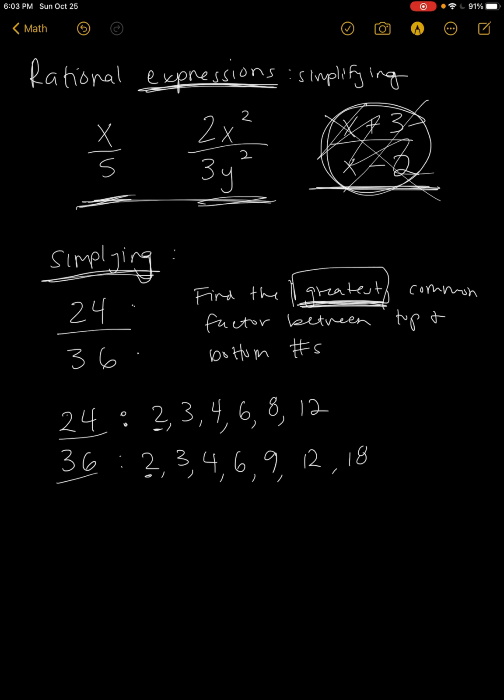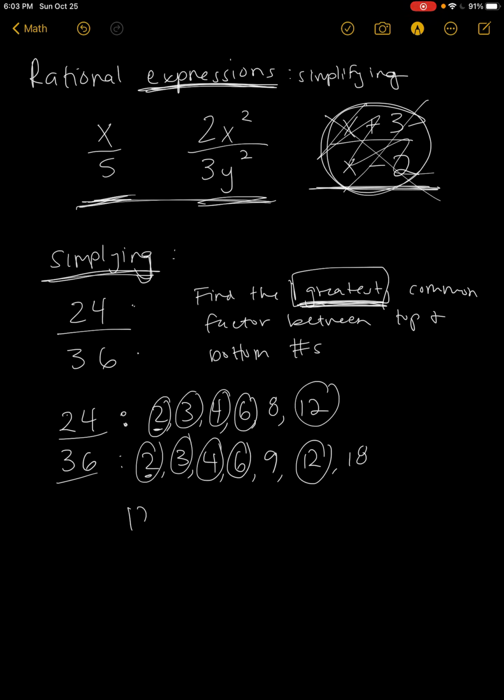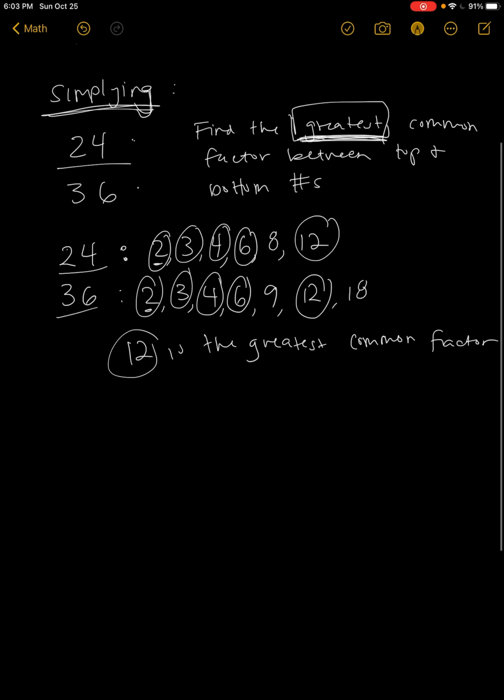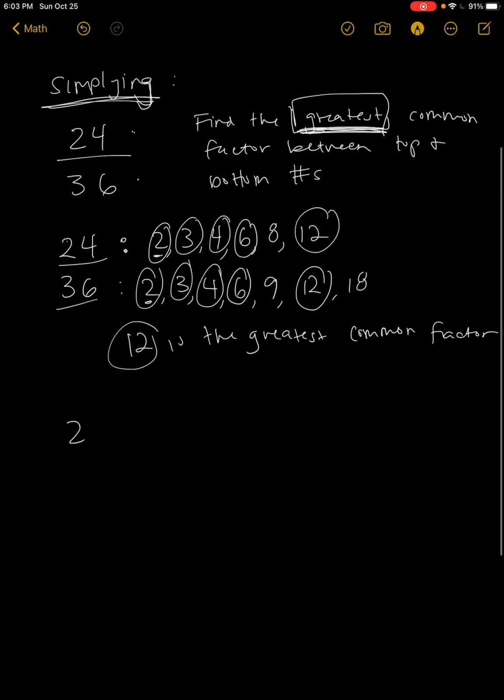That's why we want to go for the greatest common factor. They both have 2, 3, 4, 6, and 12. But 12 is the greatest common factor. It's the biggest number they share. So 12 is the one we're going for.